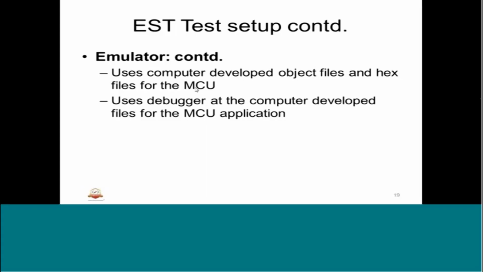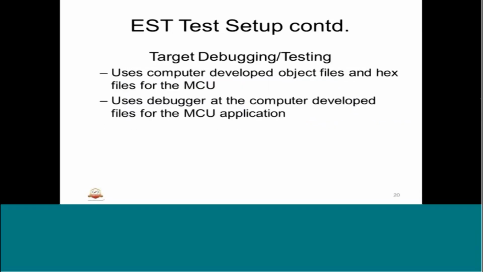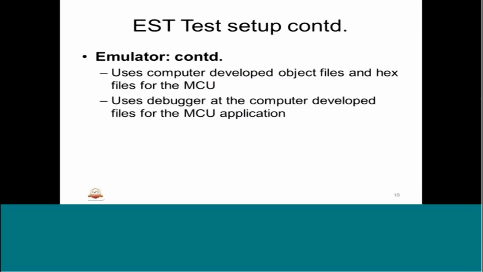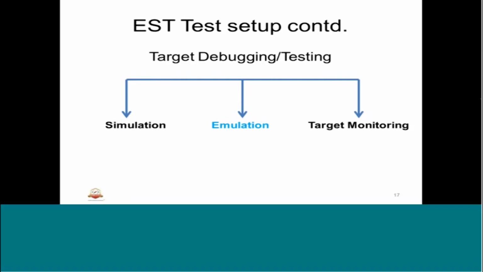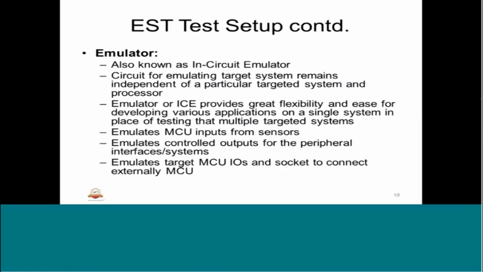Because some of the intricacies within the target system need to be inspected with the help of code. So the tester has to go through the test code or the code on the target. How does he do it? With the help of emulation. That is why it is used for testing also, and why we have taken this up as one of the techniques in target debugging and testing.